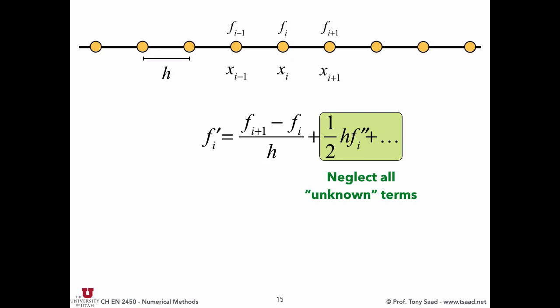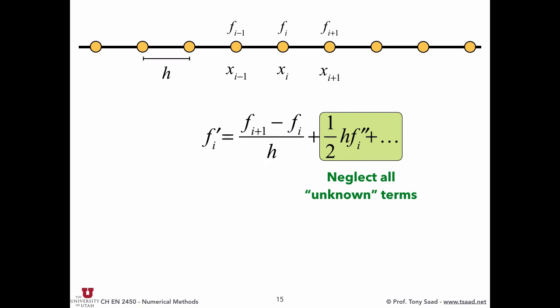And indeed, the argument here for neglecting those terms is, as long as f double prime is a well-behaved value, it's not infinity, as long as it's a bounded value, as you decrease h, as the spacing of the data shrinks, you're going to get more and more accurate. So that entire error with f triple prime and f quadruple prime, all the other terms are going to be multiplied by h squared and h cubed and h to the fourth. They're going to be even smaller and smaller, right?